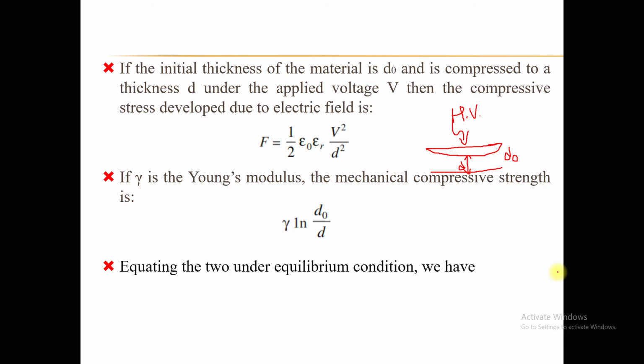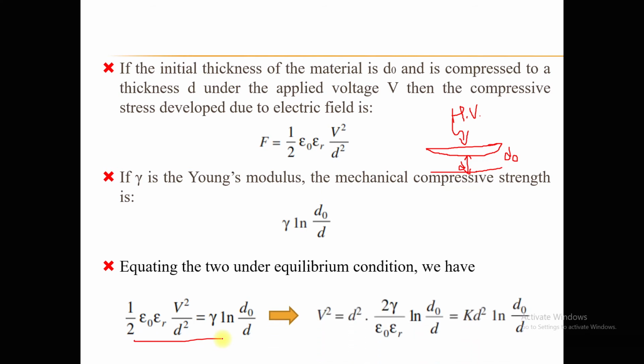If we equate both the terms under the equilibrium condition, then 1 by 2 epsilon 0 epsilon r V square upon d square is equal to gamma times ln d0 by d. If we simplify this equation, it gives V square equals d square into 2 gamma upon epsilon 0 epsilon r ln d0 upon d, which is further simplified to the form k d square into ln d0 upon d.